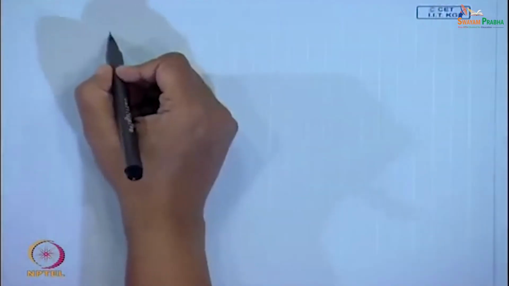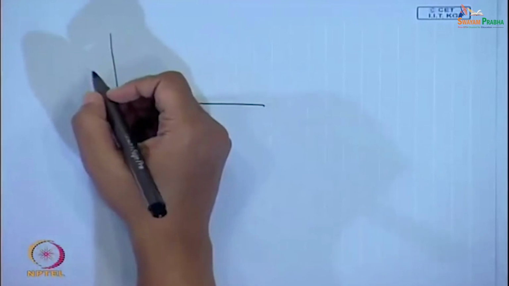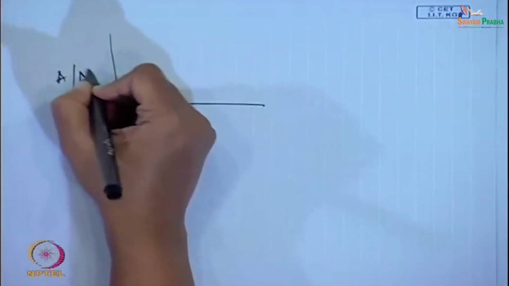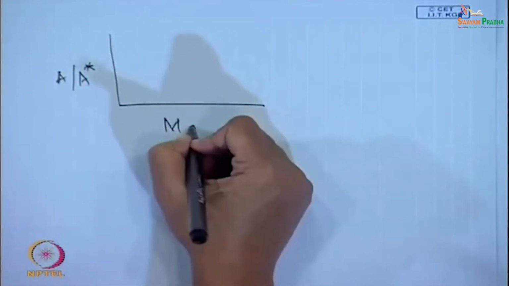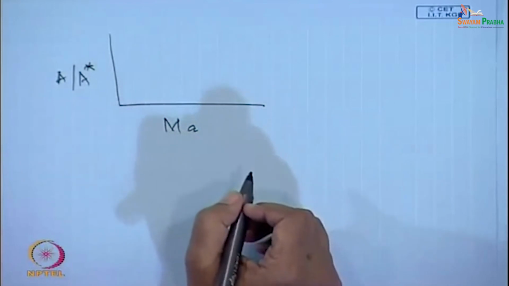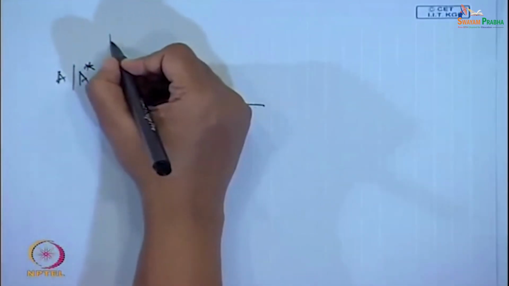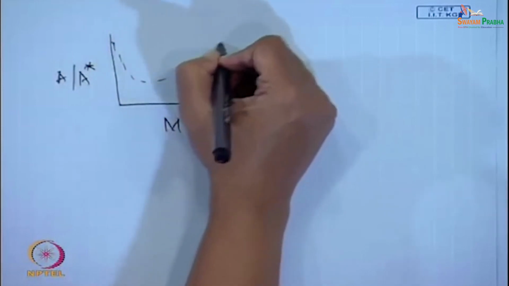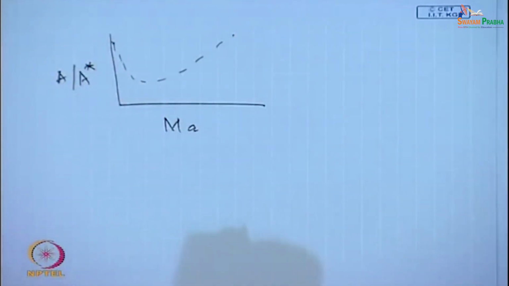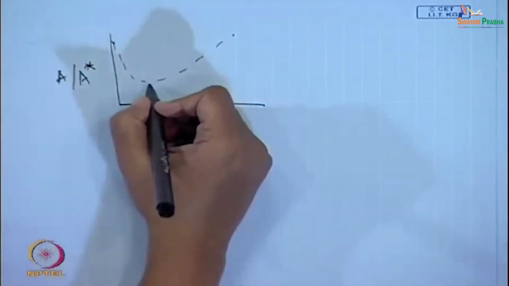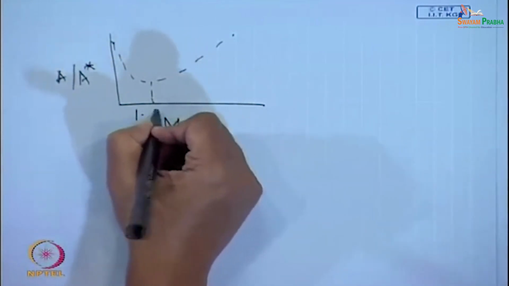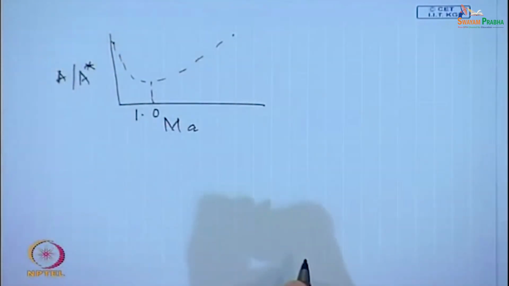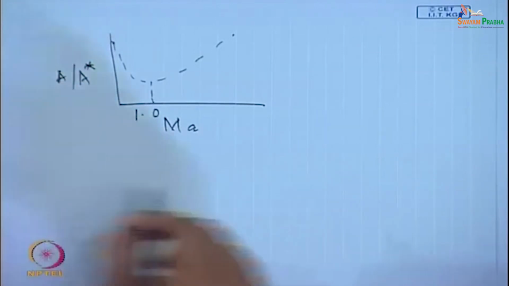Yes. So, if we plot A by A star as a function of Mach number, we get a curve something of this sort, where the minimum is obtained at M_A equals 1.0. So, what do we find from here?